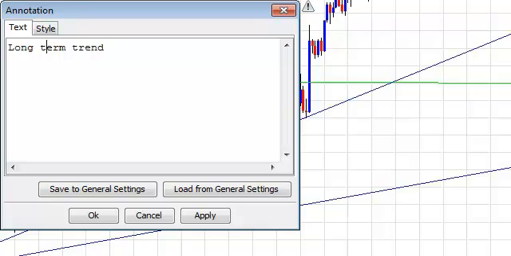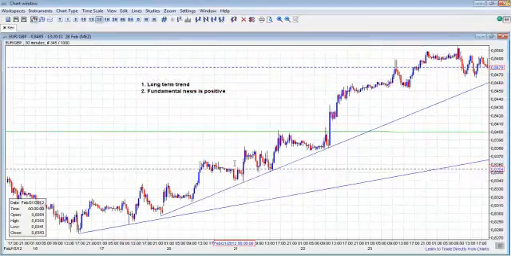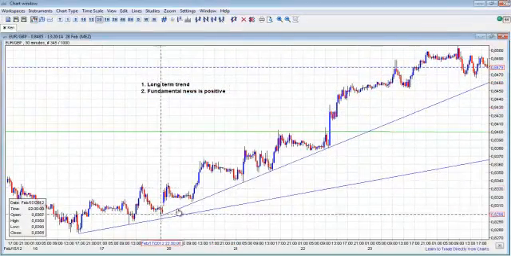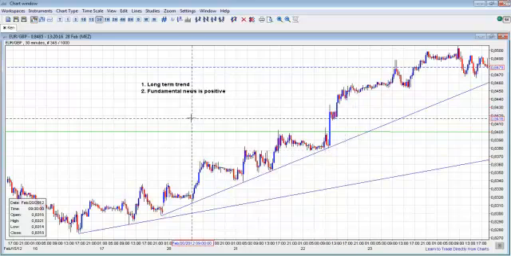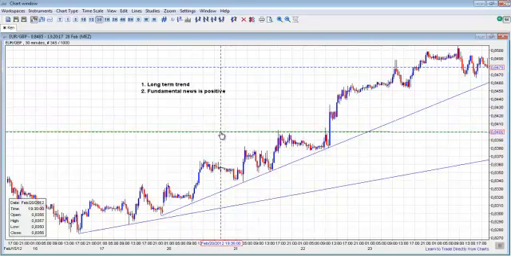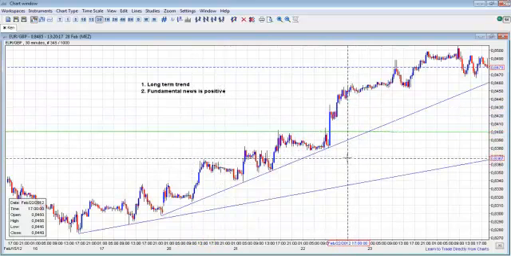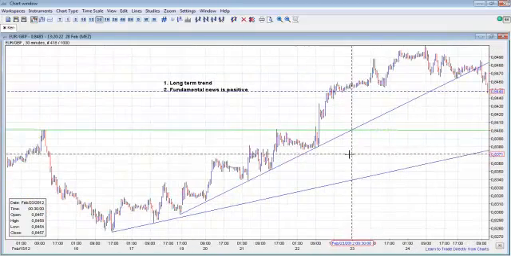And if you can also see that the fundamental news is positive, then you're starting to build some form of a system where you're identifying the current trend, and you're identifying that the news is positive and there's optimism in the market. So if I'm looking to hold positions, I generally want to be long only.